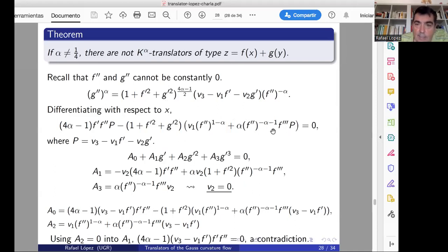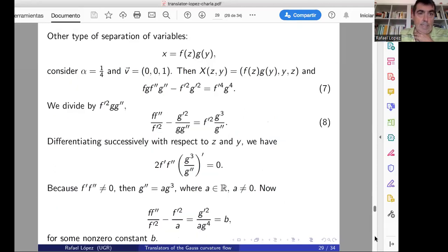After organizing this equation, I obtain an equation where coefficients depending on x to the power 0, 1, 2, 3 appear, and also a polynomial in g prime. Necessarily the coefficients must be equal to 0. When you study coefficient by coefficient, you obtain a contradiction. This is the idea of the proof.